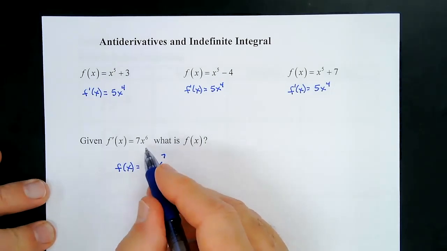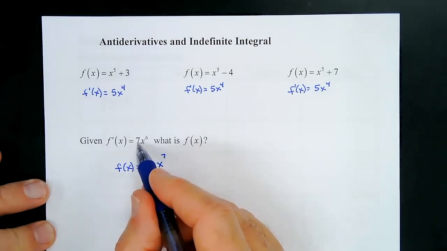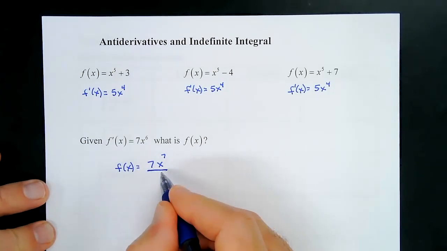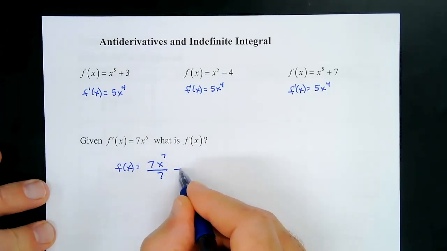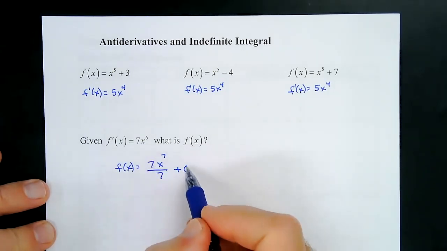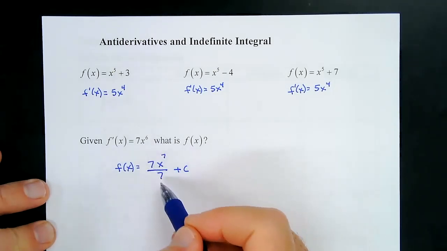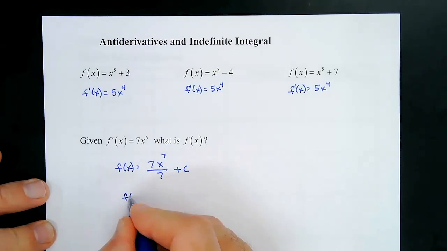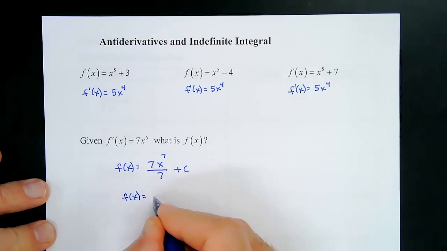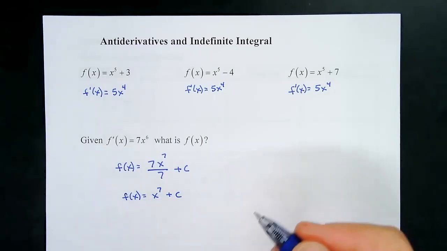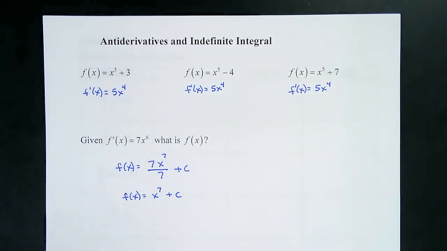I'm multiplying by 7, so how do I go backwards? I need to divide by 7 and then add a constant, because I don't know this derivative, this constant would have been 0, and I won't see it here, okay? So these 7s cancel, and that means f of x is equal to x to the 7th plus some constant c. All right. You can always check by taking the derivative.